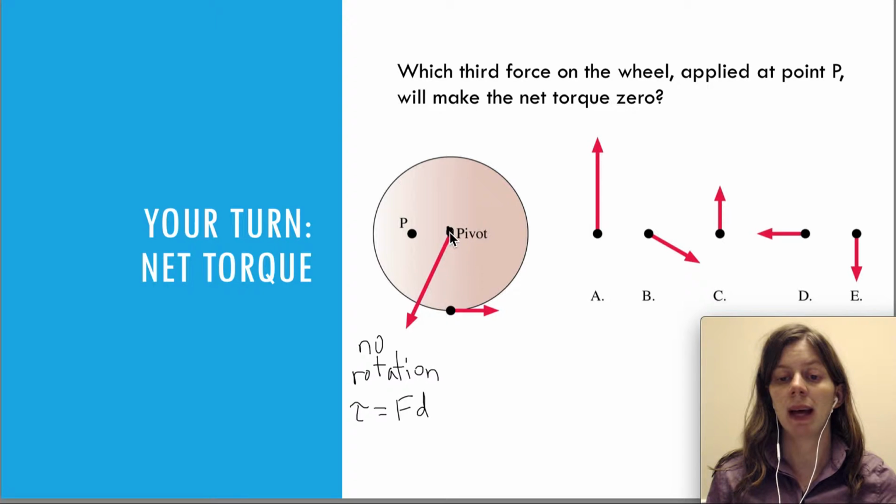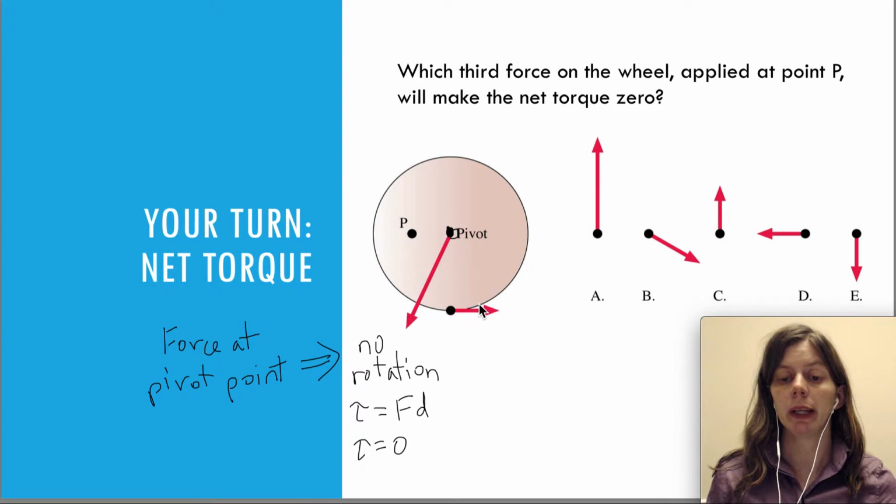When the force goes through that pivot point, that distance is 0, the torque is 0. So that's a note that you want to make. When a force is applied at the pivot point, it does not cause any rotation. So I'll write it down. Force at pivot point causes no rotation.